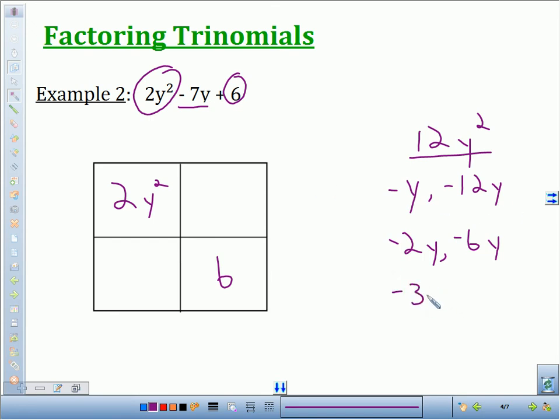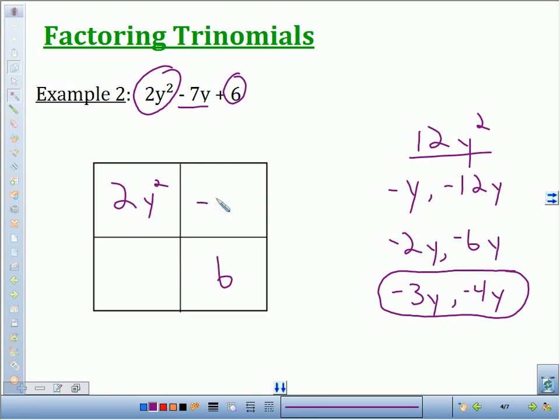The last possibility is negative 3y and negative 4y. Again, negative 3y times negative 4y is 12y squared. And negative 3 plus negative 4 is negative 7. So these must be the factors that I'm interested in.